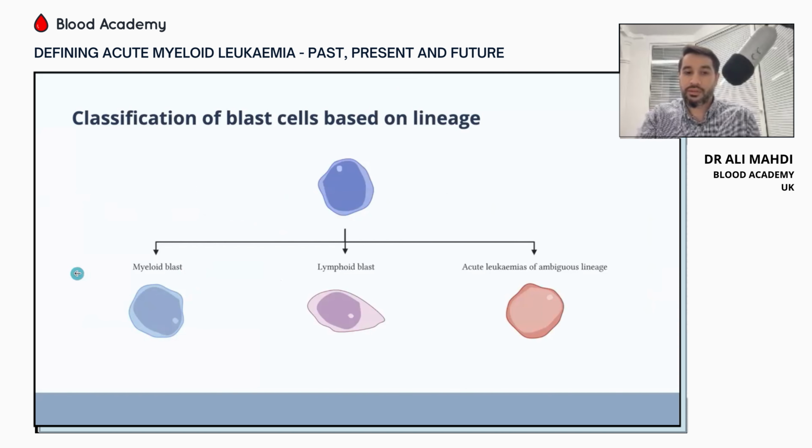So we could potentially have a myeloid blast, we could have a lymphoid blast, and then we have something in between where you may have a blast cell which expresses both myeloid and lymphoid associated antigens, or there may be blast cells which don't express either of them. And we would generally class these as acute leukemias of ambiguous lineage.